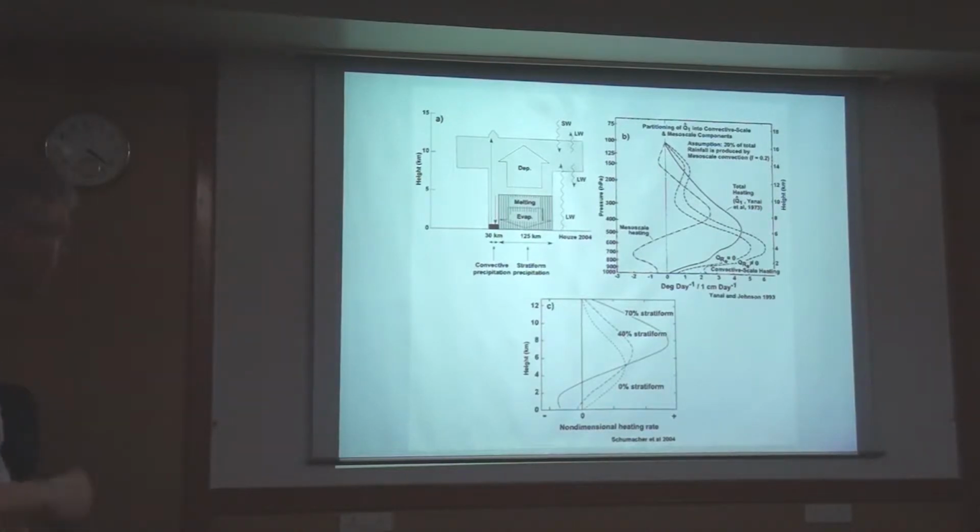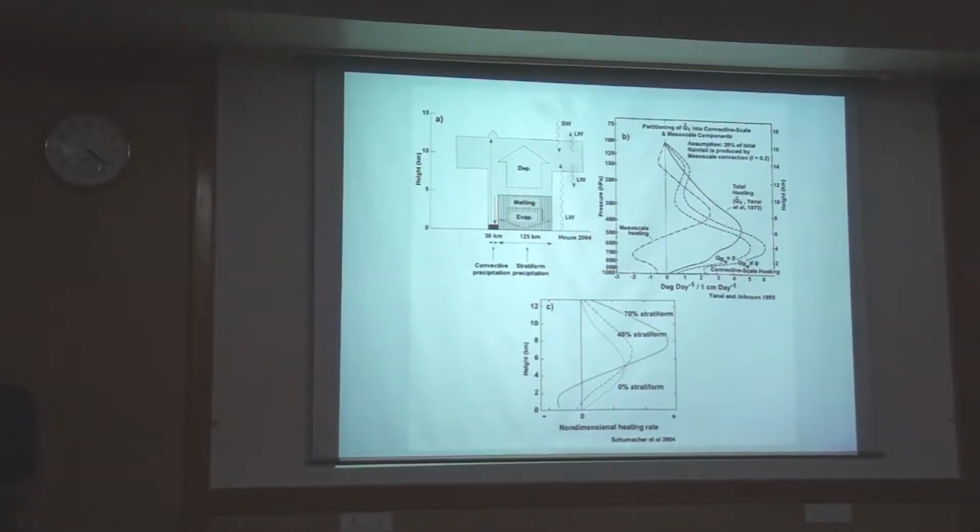Now it turns out this is very important because if you do calculations of how waves in the tropics respond to convective heating, where the peak is matters a lot to their response. Okay, so things like the MJO, for instance, very much rely on the peak being higher up in the atmosphere.